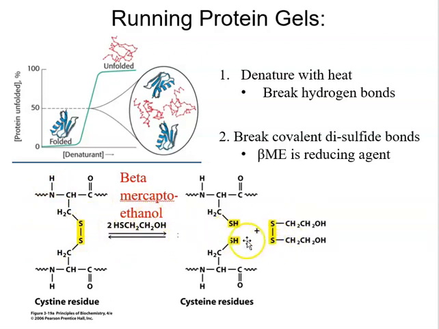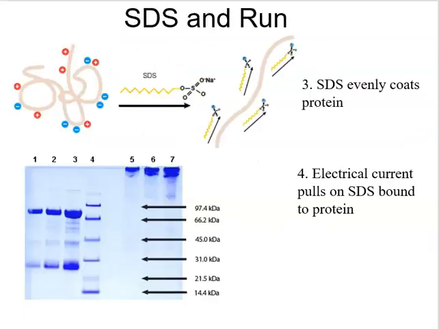That's why the running buffer is kind of smelly, and why we heat it at 95 degrees for 5 minutes to help break apart any secondary, tertiary, and quaternary structures. Since we don't have peptidases in there, we should keep the primary structure intact, so we should keep that long chain.